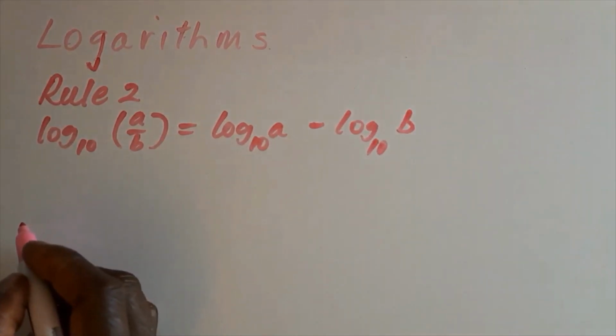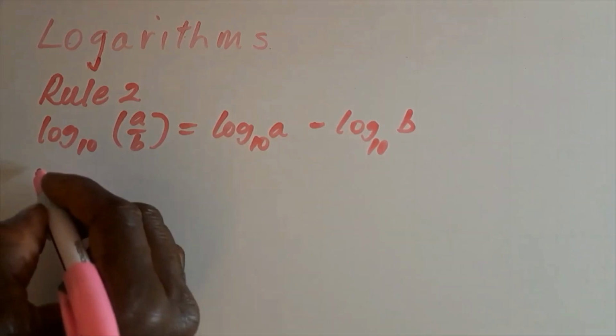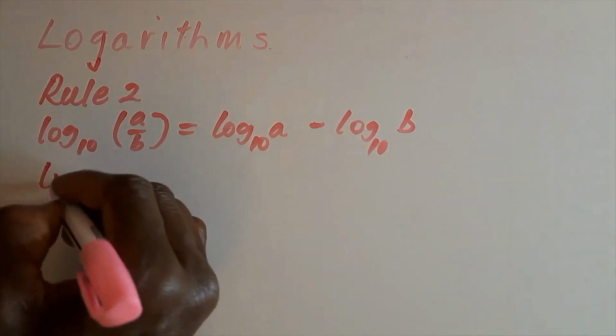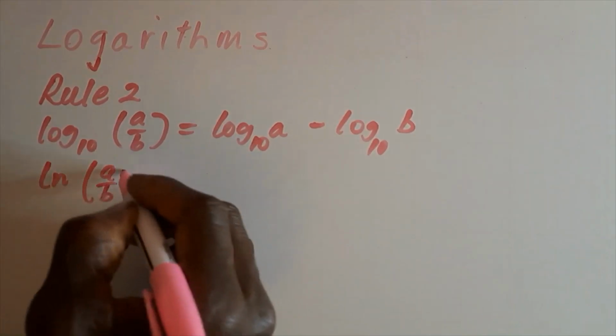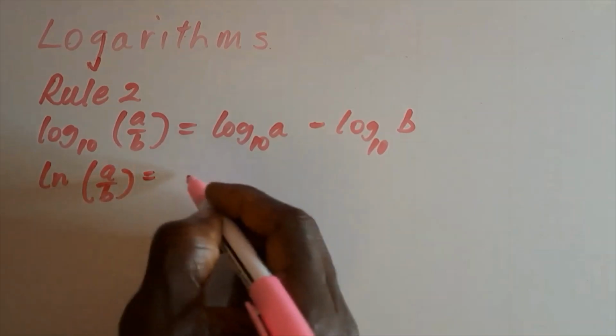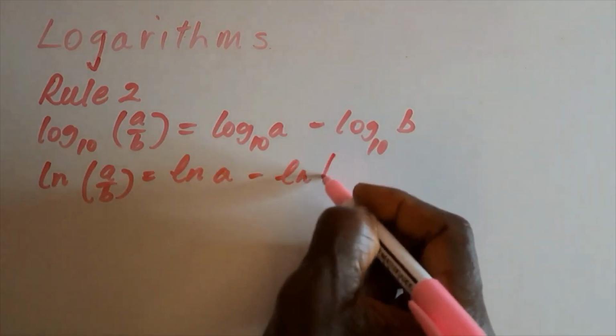And for the natural logarithm ln, which is the logarithm to the base e, we have a similar pattern. Ln of a over b is equal to ln a minus ln b.